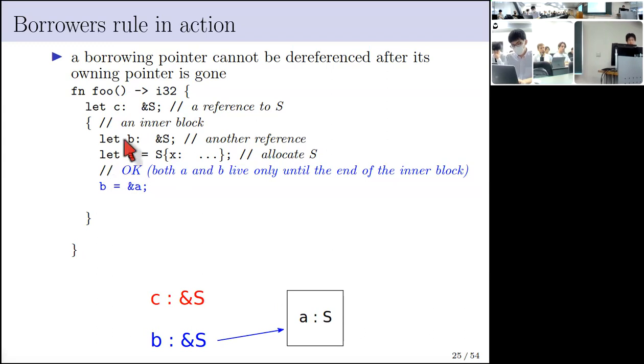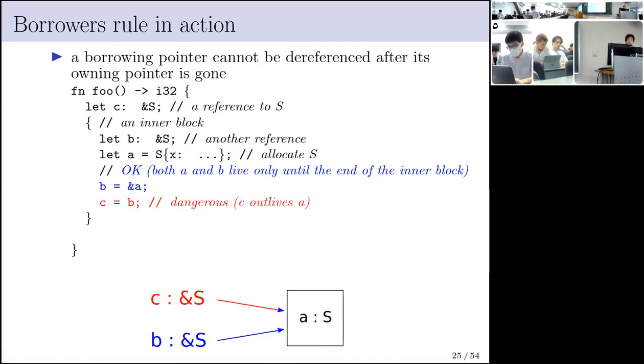But B is also gone at the end of this inner block. So this is not a so-called dangling pointer. This data structure lives at least as long as the pointer pointing to it. It's a safe pointer.